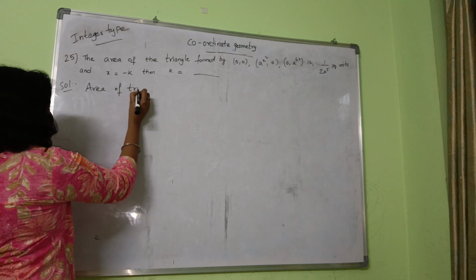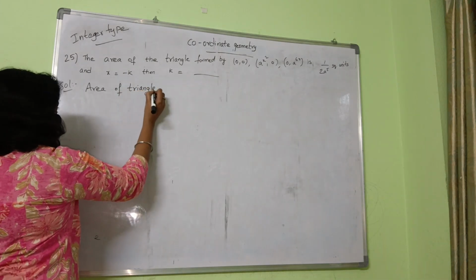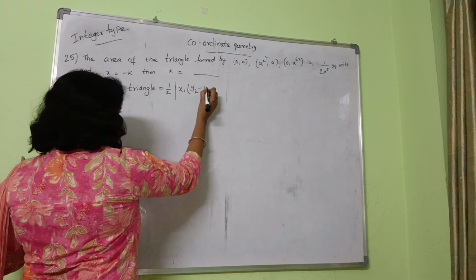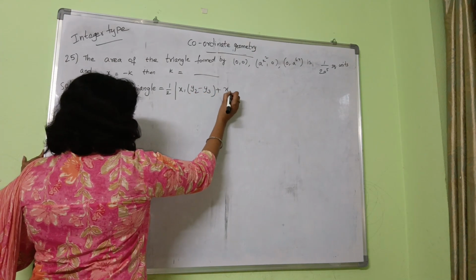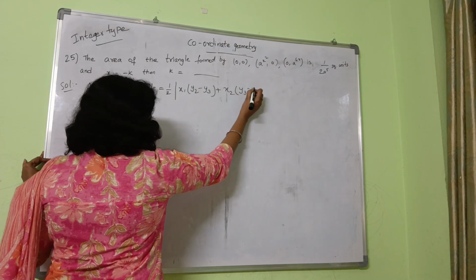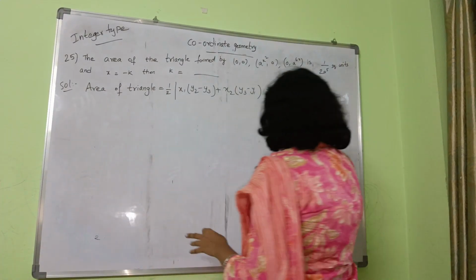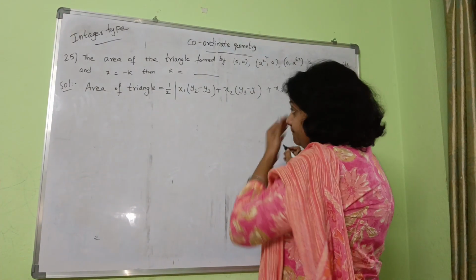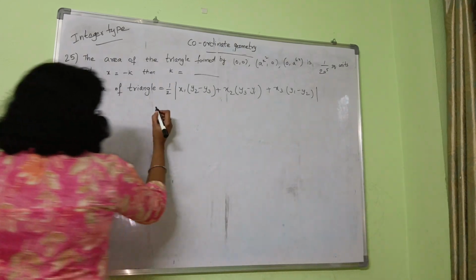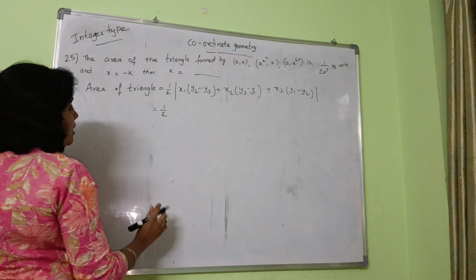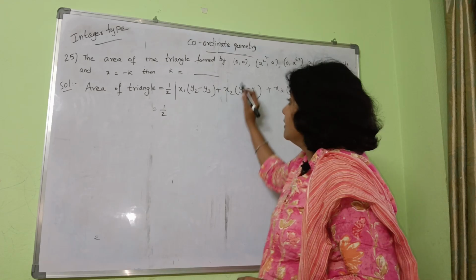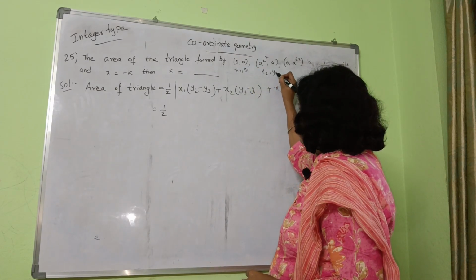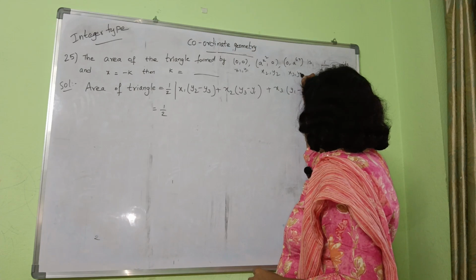Area of triangle is equal to 1 by 2 into x1 (y2 minus y3) plus x2 (y3 minus y1) plus x3 (y1 minus y2). Okay. Next, 1 by 2. What is x1, y1? So I am writing these points as x1 y1, x2 y2, x3 y3.